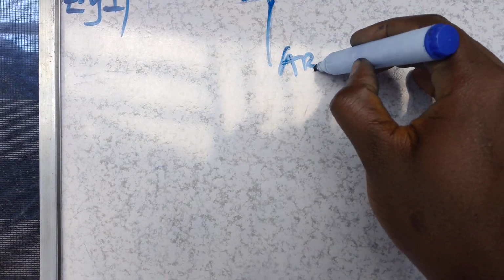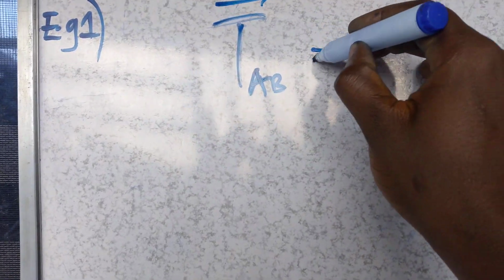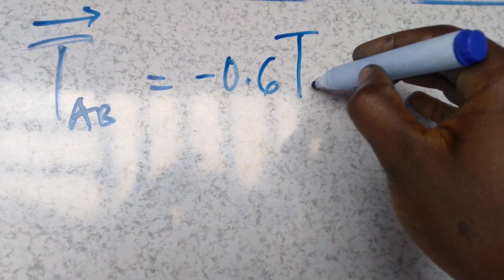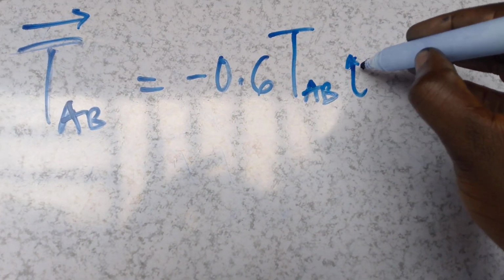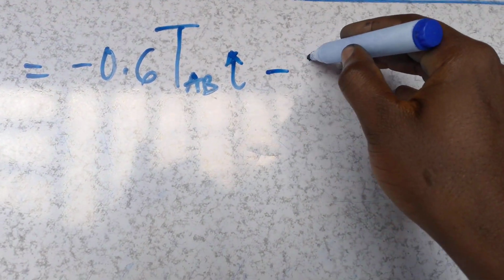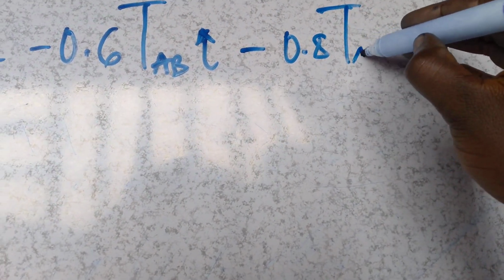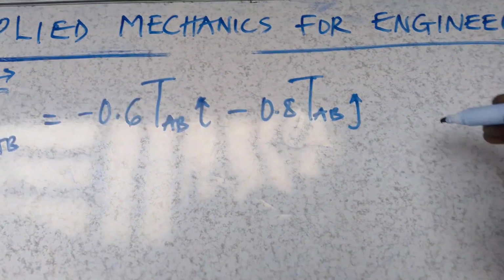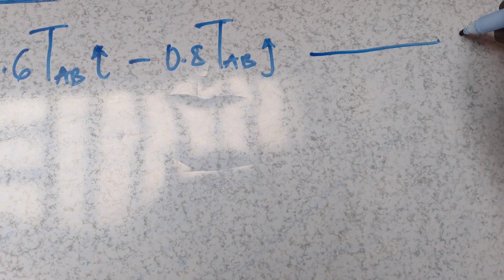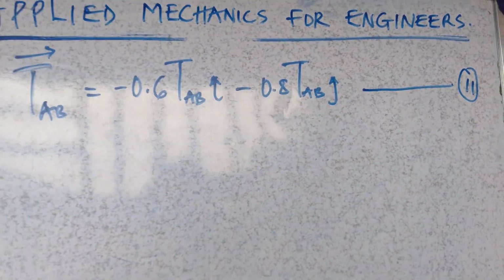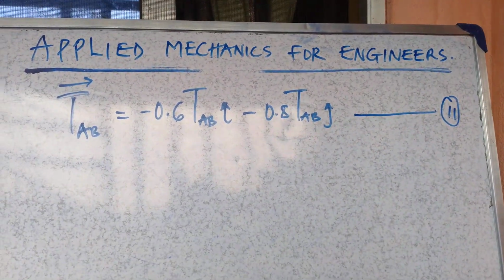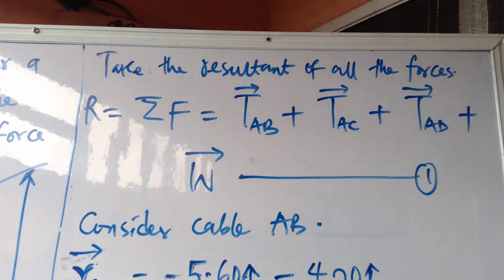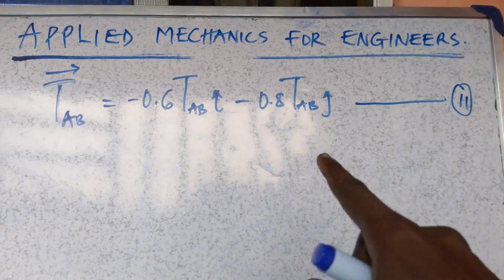If I expand that, TAB will be equal to minus 0.6 TAB I minus 0.8 TAB J, which I can call equation 2. This is equation 2, and this other one is equation 1.